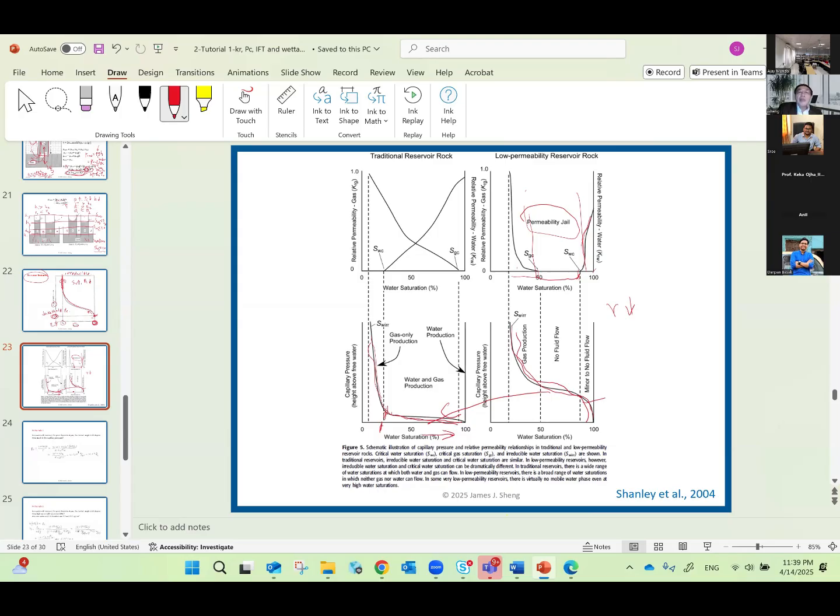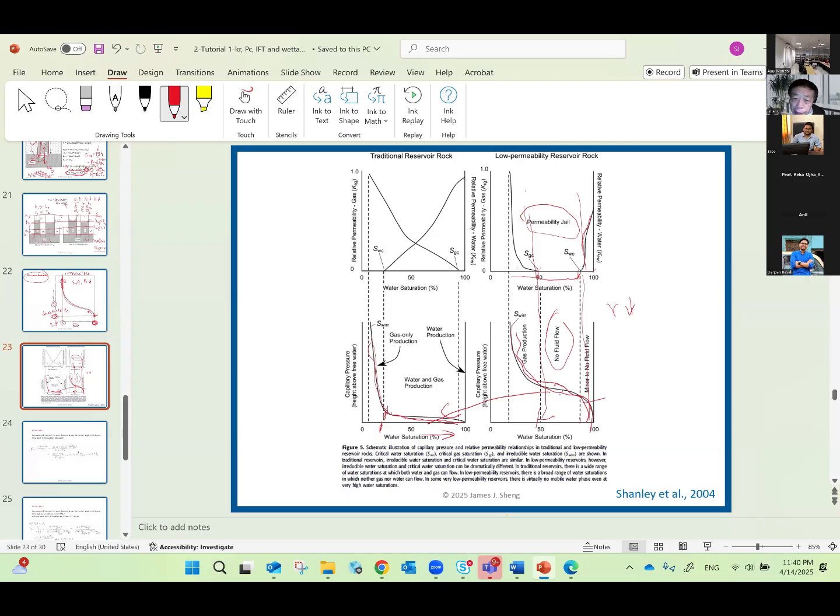Okay, but what do you see here? In this area, no fluid is coming in, right? So in this area there's no fluid. Within this region, no gas can be produced and no oil produced.